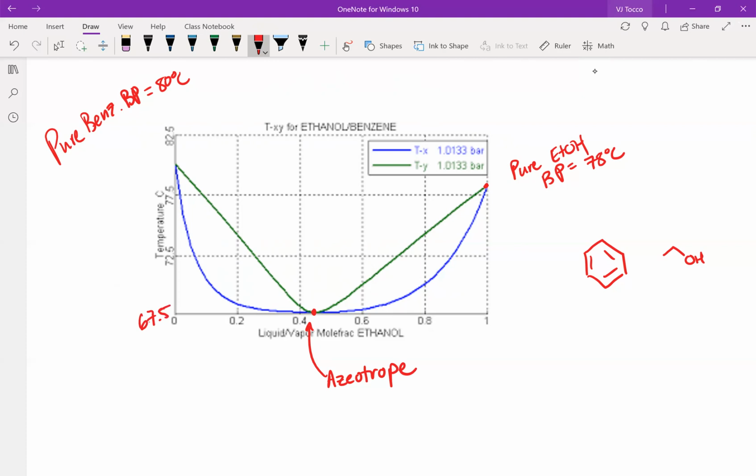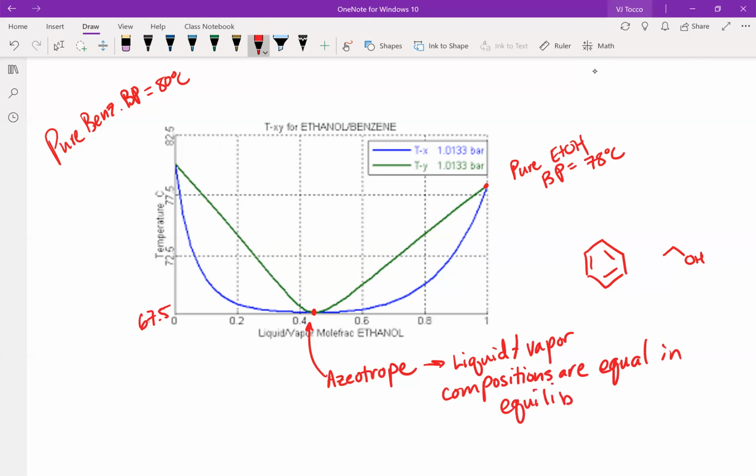At 67.5 C and 1 atmosphere and 43% ethanol, you would form an azeotrope. Azeotrope means that the liquid and vapor compositions are equal in equilibrium.